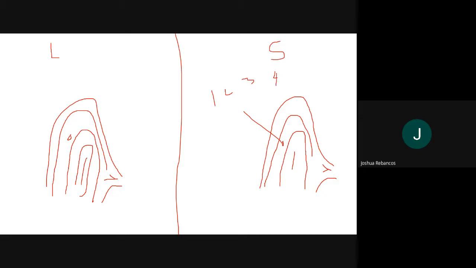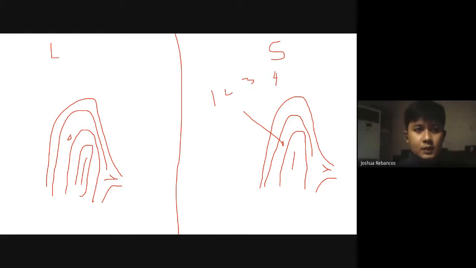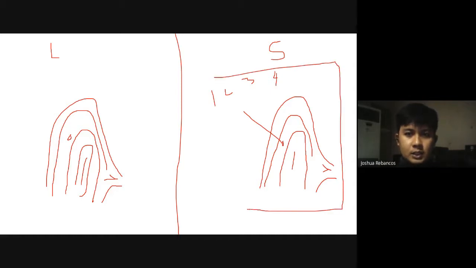Sa example, maglagay na tayo ng dyan. Dito sa may okay, may margin. Kunwari, may margin pa yan. At least 1 inch. Sabi dito, at least 1 inch daw. Kasi dito nilalagay yung mga points, yung mga similarities.